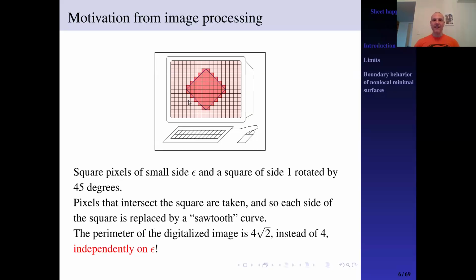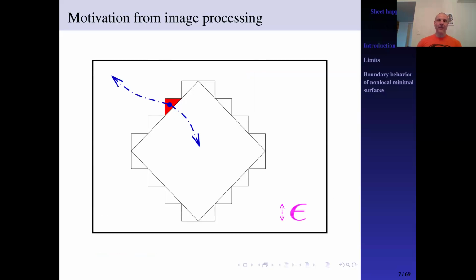Well, once the perimeter is considered for the digitalized image, the result that you get is 4 square root of 2 instead of 4. So not only is it significantly larger than the correct result, but it's independent of epsilon. This means that no matter how expensive your computer is, because you pay more to increase the definition of the image, well, the error will remain the same.